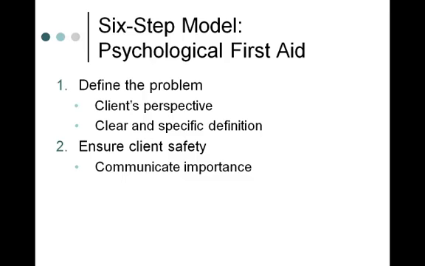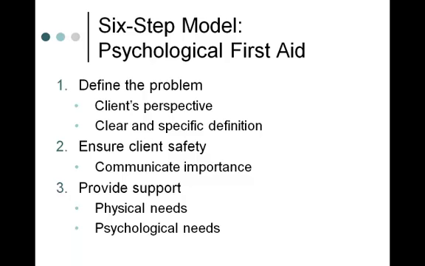So ensuring client safety, and then providing support, which may involve, I kind of talk about physical needs, supporting their physical needs, which is doing more kind of social work stuff, make sure they have shelter, clothing, all those sort of things. They have electricity, running water, and then also their psychological needs.